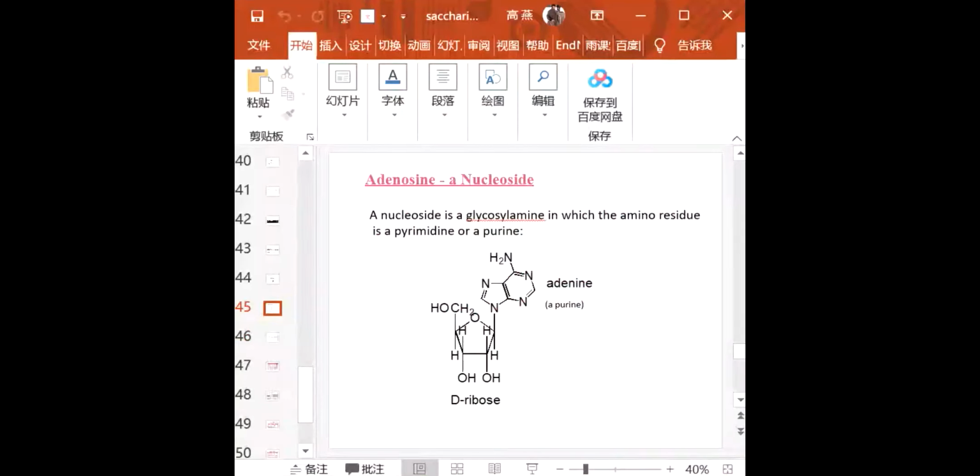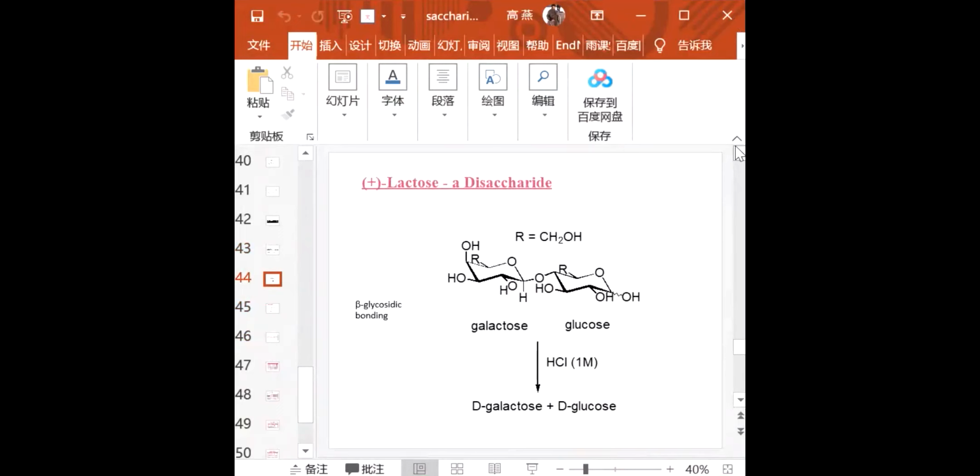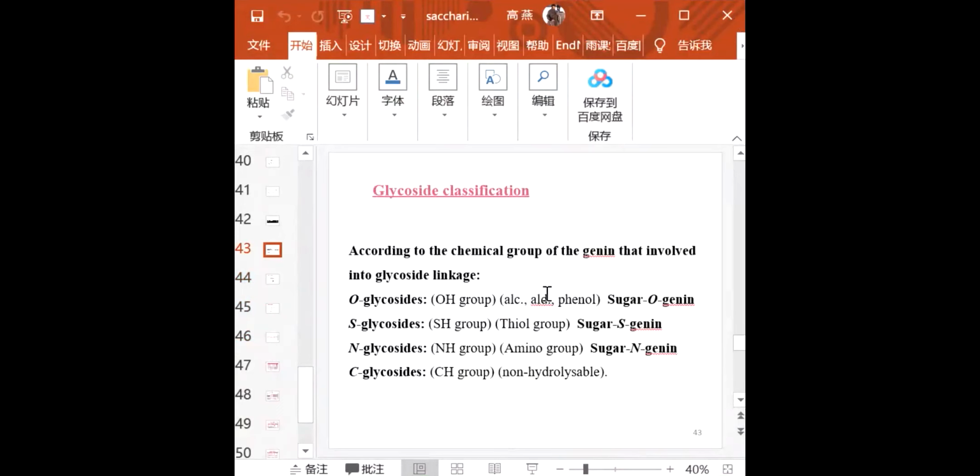Any idea? Any volunteers? My question is, what type of glycoside is adenosine according to the chemical group of the aglycone that is involved in the glycosidic linkage?